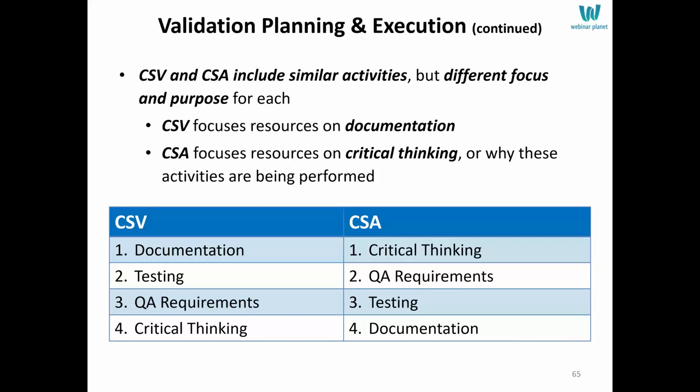There are many times in watching people do CSV where they've said, I don't understand why I'm doing this part of it because it doesn't seem to add value. And in some cases, they were right, but they still did it because that's the way they did things. They did it by rote. They did this for every system. They didn't think through critically whether or not that made sense and adjust accordingly.